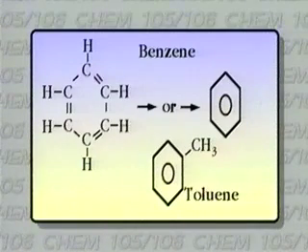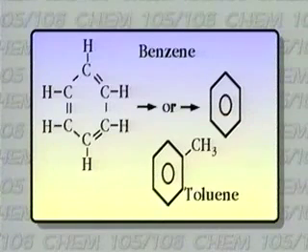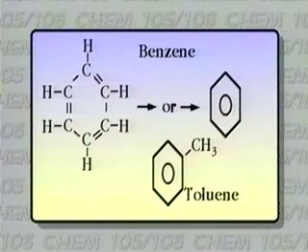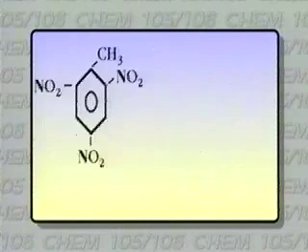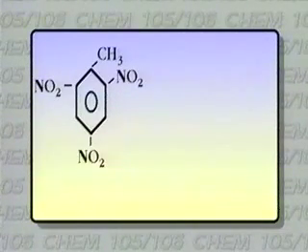Now, if we react toluene with nitric acid in the presence of concentrated sulfuric acid, which acts as a water remover, what we'll end up doing is putting on 3 NO2 groups.